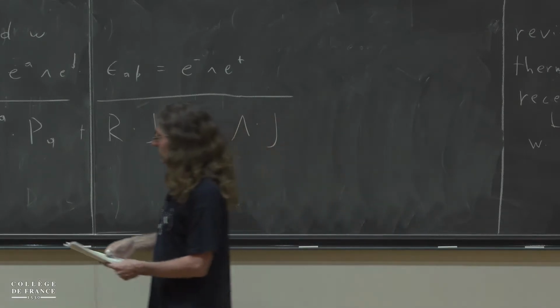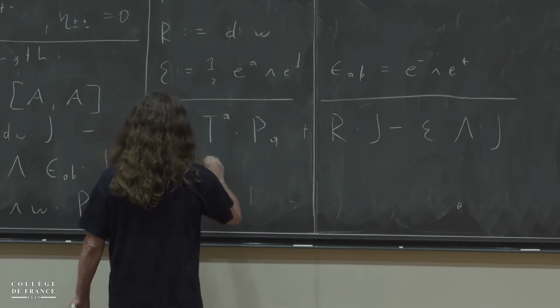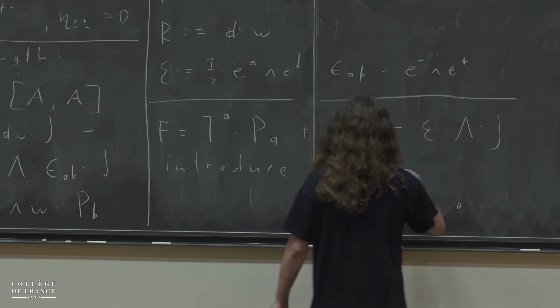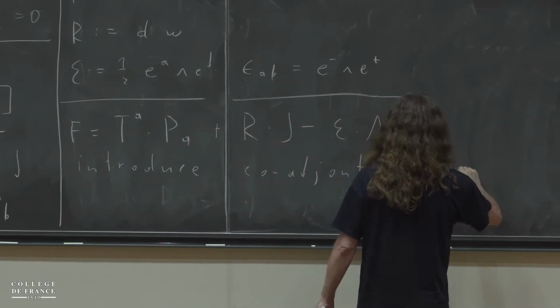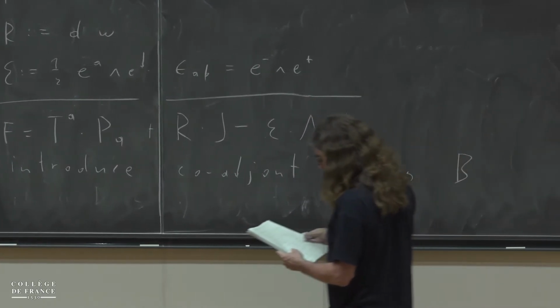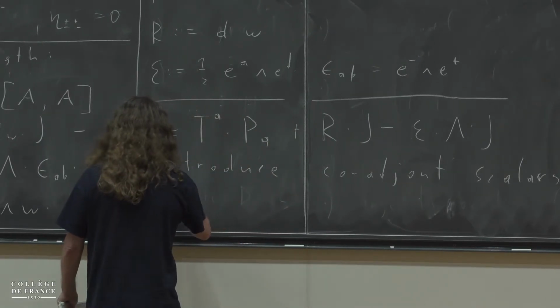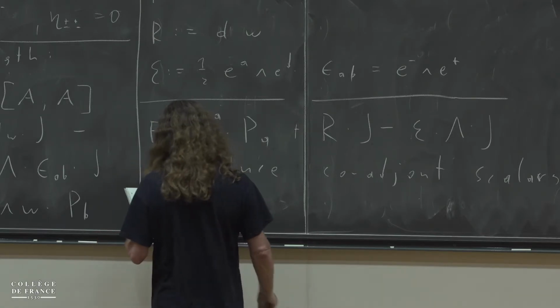The additional structure is provided by coadjoint scalar fields, which I call B. And the action that I'm writing down is called BF action.